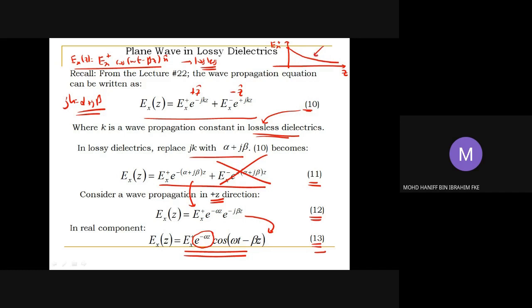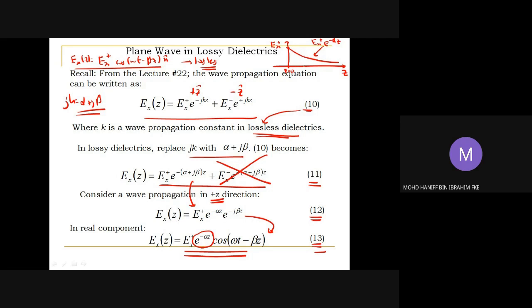And this is given by what? It is given by the wave amplitude at z equal to 0, multiplied with the exponential term of negative alpha z. So the wave is based on this equation.